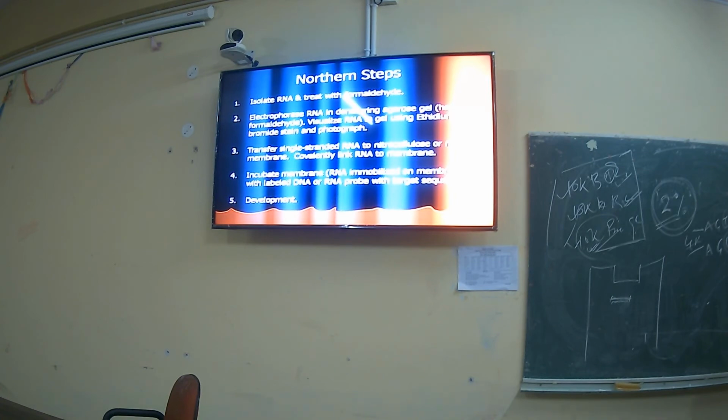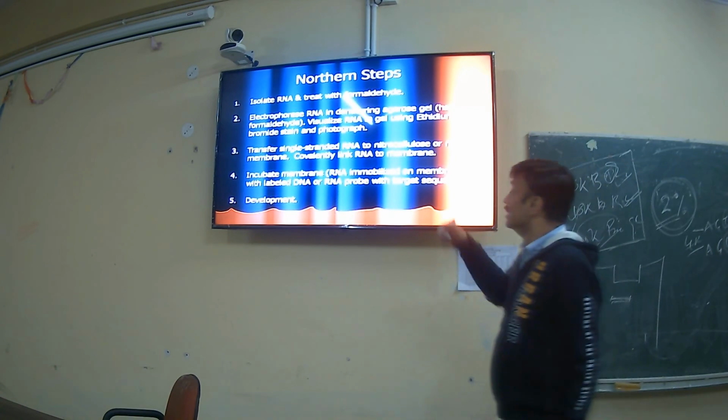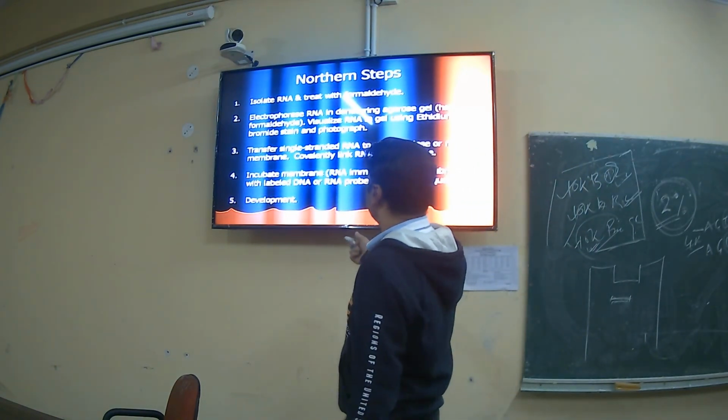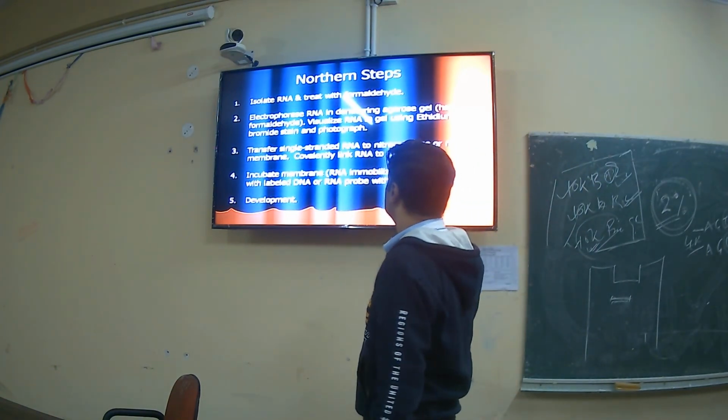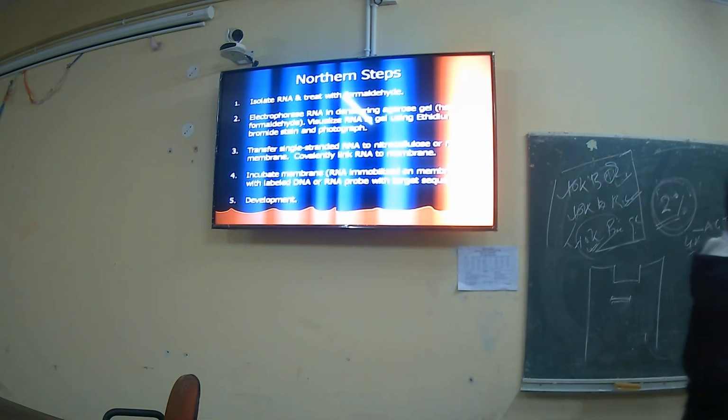prokaryotic gene. So this one is electrophoresis of RNA in a denaturing aqueous gel, which has formaldehyde, because RNA has the tendency to maintain its secondary structure, so it must be ensured that RNA is kept in the single stranded form. So you have to put this gel in formaldehyde, or immerse this gel in formaldehyde solution, and then it is visualized by ethidium bromide stain.